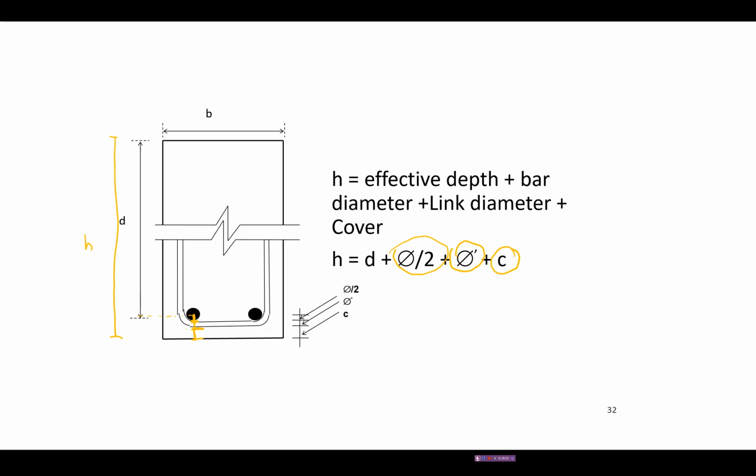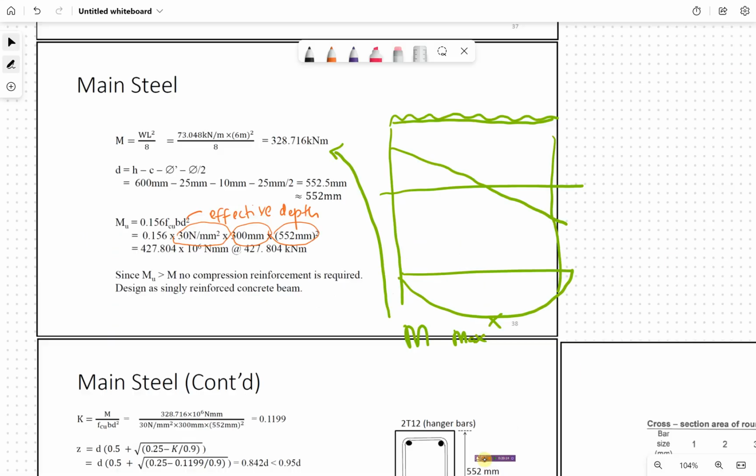So, kalau we want the value of D, means that H have to minus with the diameter of main reinforcement, half of it, minus the diameter of shear reinforcement or diameter of link, and minus with the concrete cover. Then we can get the value of D. And this is what we're going to do lah. Okay, and look at the formula over there.